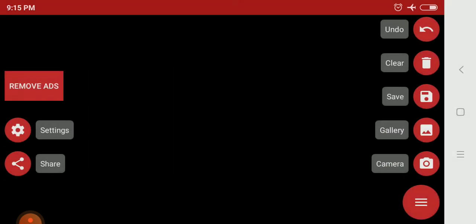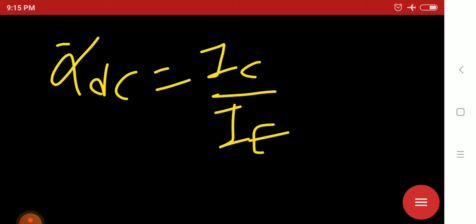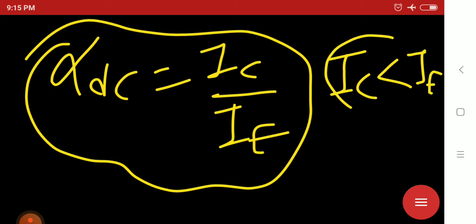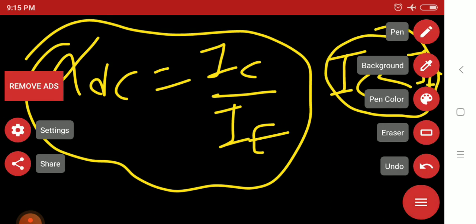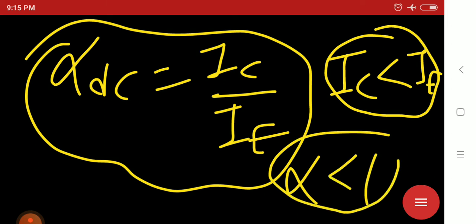There is a relation: alpha DC equals IC by IE, that is collector current divided by emitter current. And here you have to know that the collector current IC will be less than the emitter current IE, which means alpha will be less than 1.